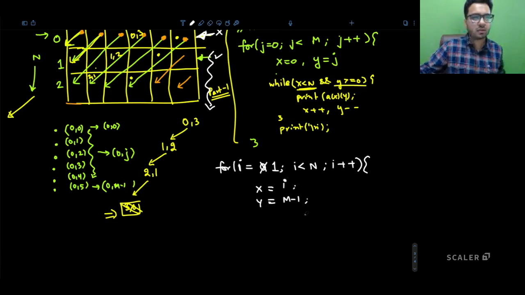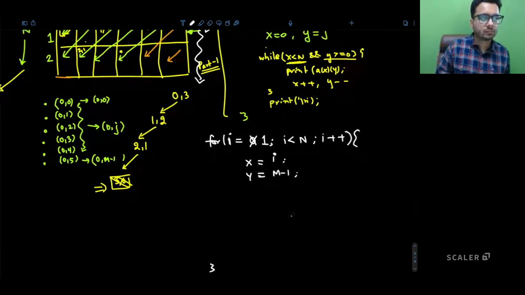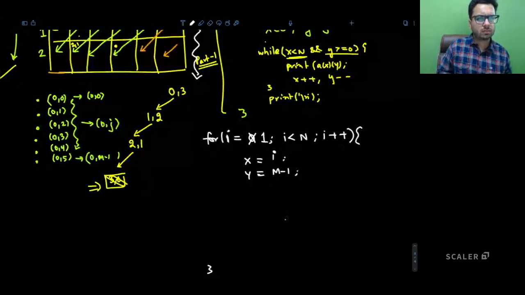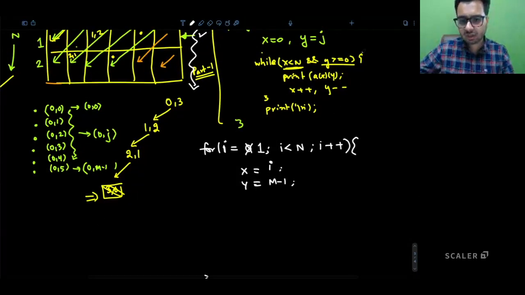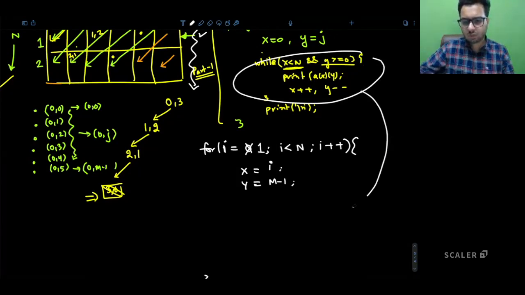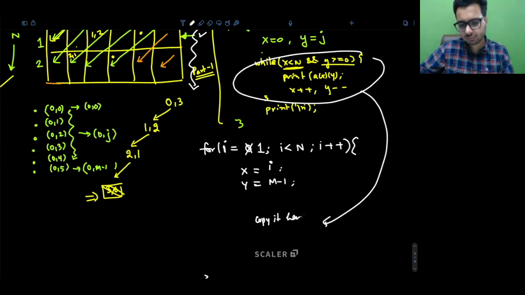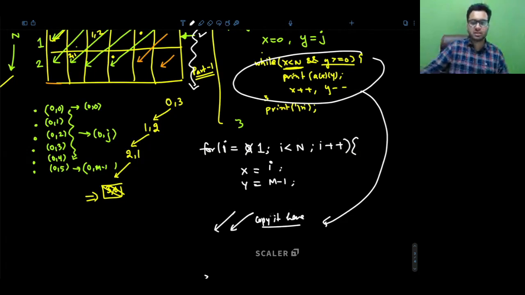Got it? Yes or no? And after that, you can simply put this code again here. You copy it here and it will work, because the diagonal part is still the same, only the starting point has changed.